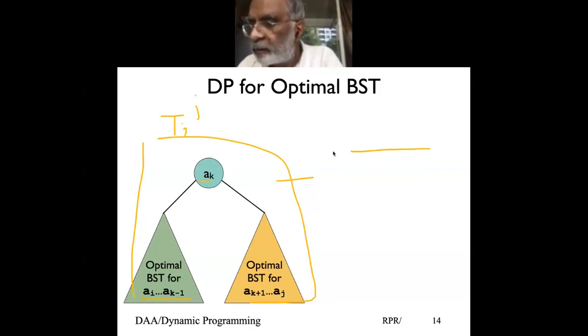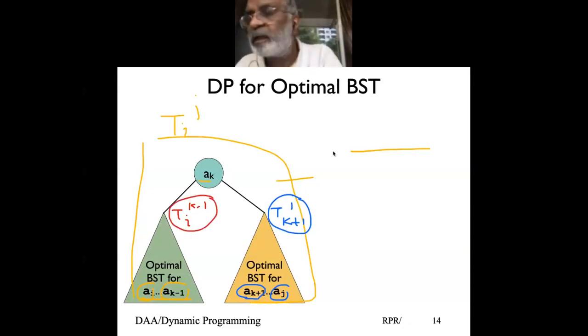So this tree would be called Tik minus 1, and this tree would be called Tk plus 1 j, because the lowest key is k plus 1 and the highest key is aj. Here the lowest key is ai and the highest key is ak minus 1, so we call this tree Tik minus 1.